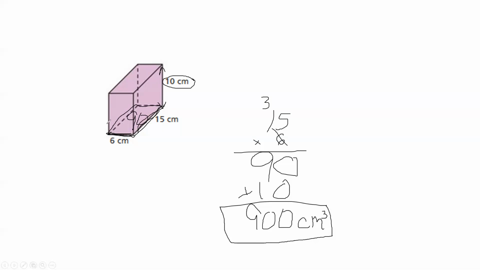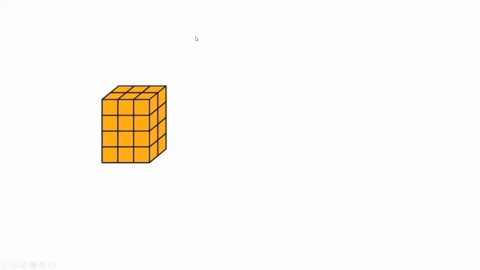And all that really truly means is this: this is 1 unit cubed, which is a little tiny 3, right? That's why we put a little tiny 3 up here. It doesn't mean you have to multiply this by 3 or anything like that. It literally is just telling someone I found the volume. It's 3-dimensional.